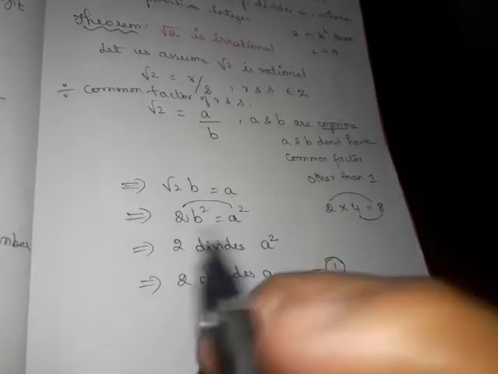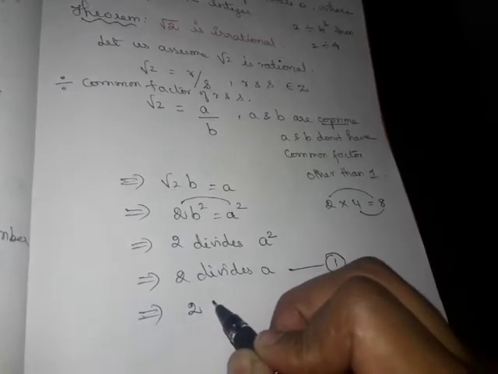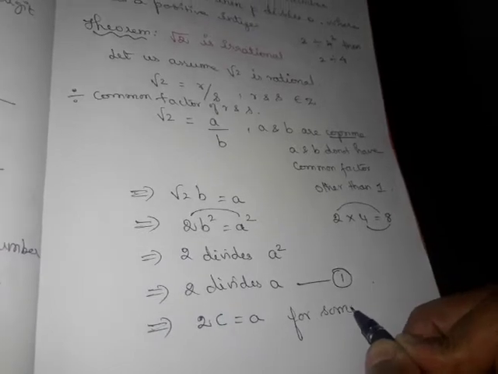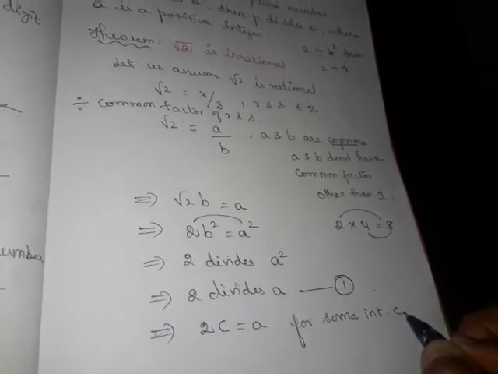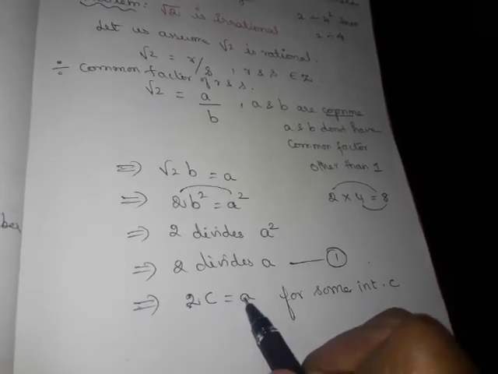Now if 2 divides A, how can I write this? Shall I write 2C is equal to A for some integer C? Yes, for some integer C. How can I write 2C is equal to A?